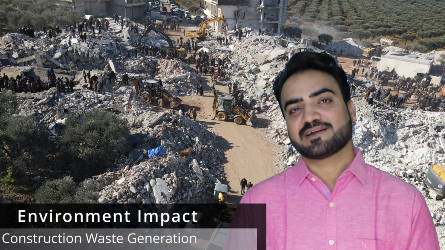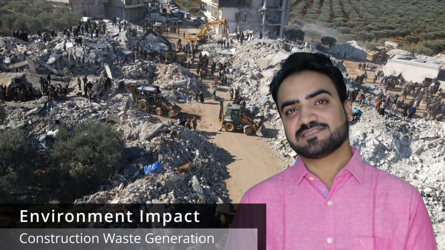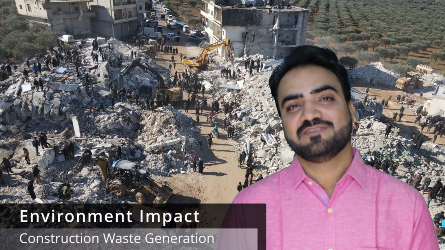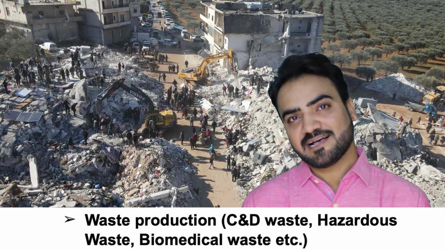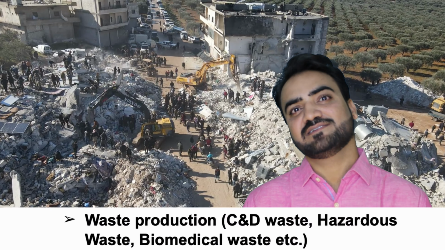The next major aspect in the construction industry is waste generation, in terms of C&D waste majorly, as well as hazardous waste and biomedical waste generation. C&D waste is the major waste created from construction projects. Are you aware that as per the rules, each square meter of construction generates 50 kg of C&D waste?